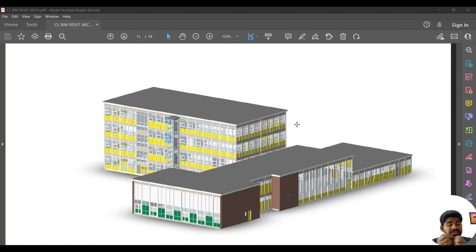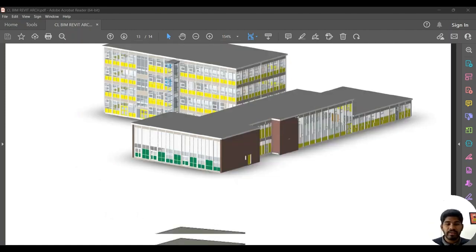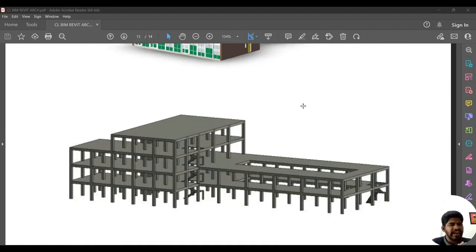I have a huge set of resources: the CAD plans, PDF, section details, elevation details, everything I will be sharing with you. You'll have all the learning resource material, and then you can follow me through. Not only architecture, I will also give you a little glimpse of Revit structure. As our background is civil engineering, we are very familiar with those structures also.